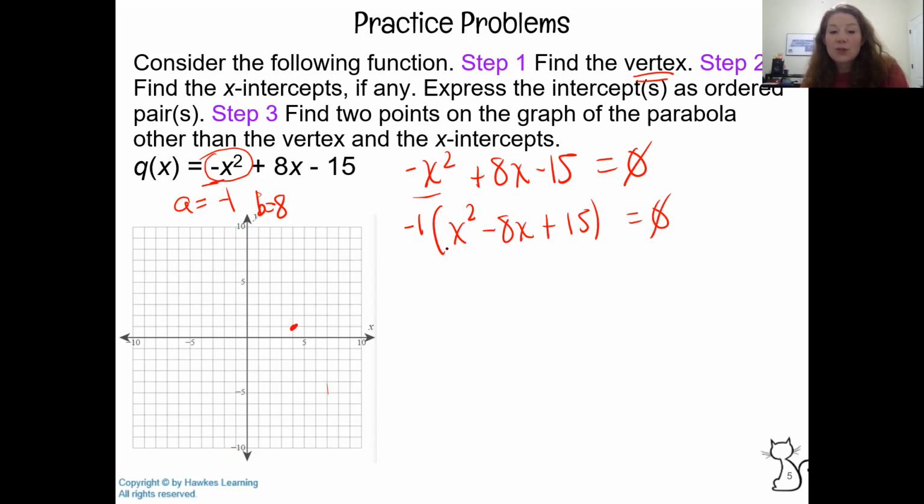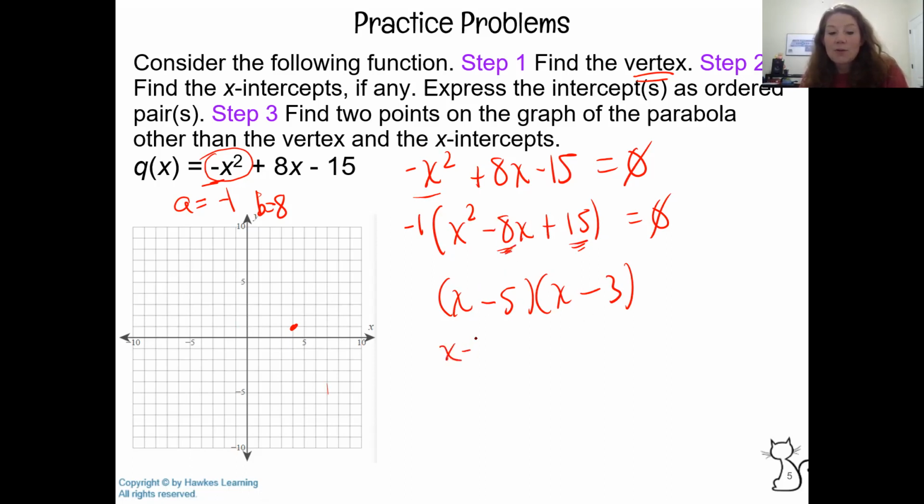So now we want two numbers that multiply to give me +15 and add to give me -8. So if I write down the factors of 15, I know that 5 and 3. So -5 times -3 is +15, and -5 plus -3 is -8.